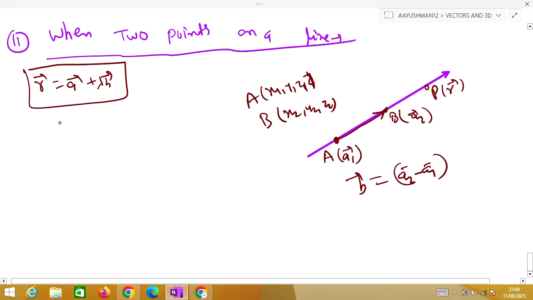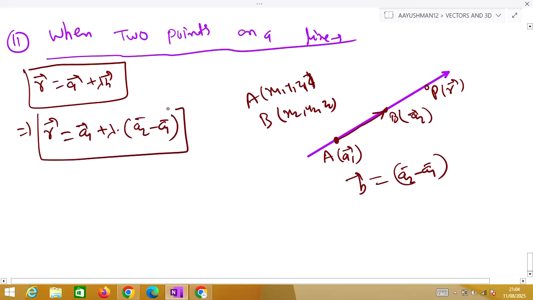We'll put all the values over here. It will be r is equal to the complete vector a1, plus lambda times (a2 minus a1). So this is the vector equation of line in the 2-point form.